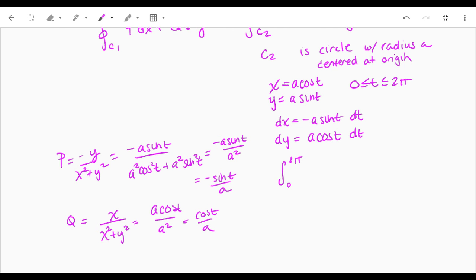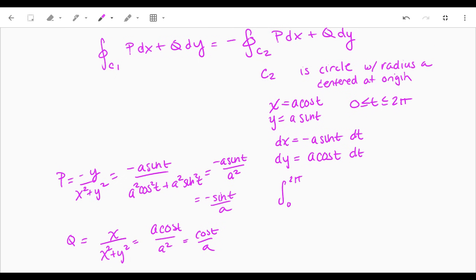So we're going to do, again, our integral of p, which would be negative sine t over a, times dx, which is negative a sine t dt, I'm going to put the dt at the end, plus q, which is cosine t over a, times dy, which is a cosine t.